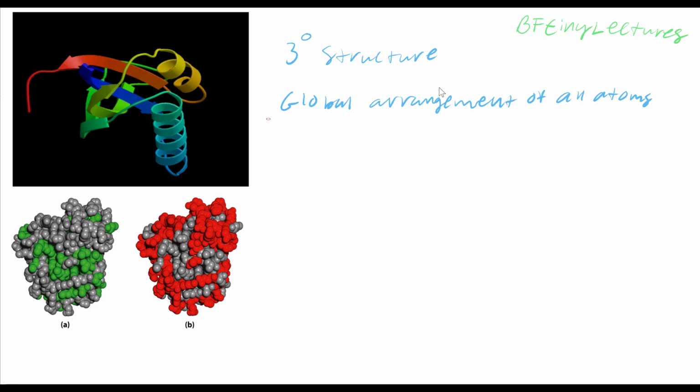And so essentially you're going to have regions of this structure where the beta sheets interact with each other, where the alpha helices interact with each other, and they form different complex systems, okay?